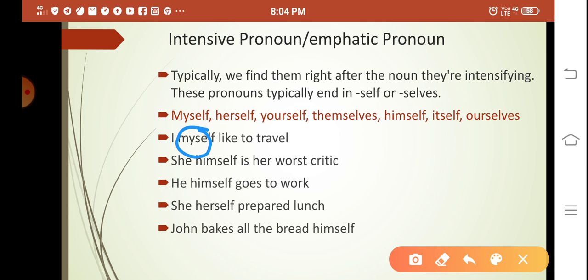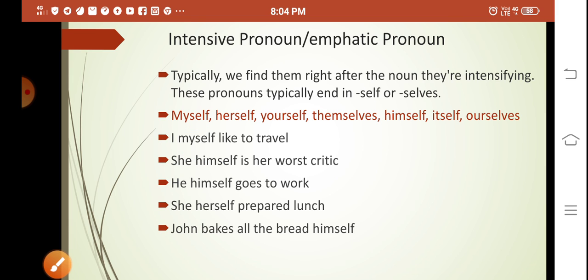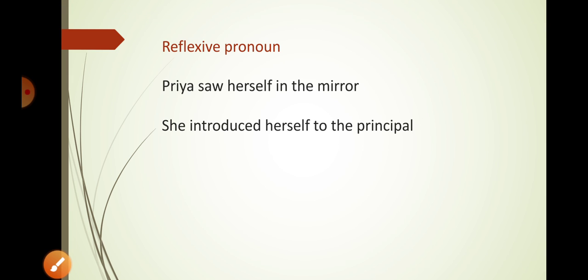It is still a grammatically correct sentence. So here also, she himself is her worst critic. If you remove this himself, then it is a grammatically correct sentence. She is her worst critic. This is the difference between reflexive pronoun and intensive or emphatic pronoun.